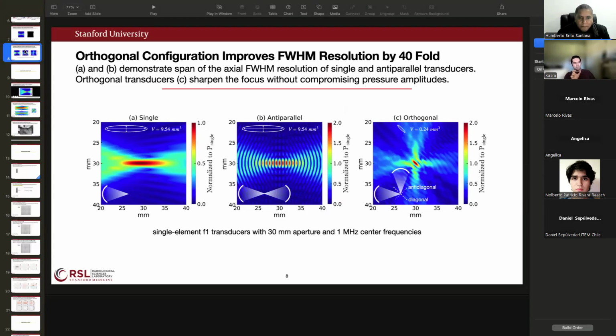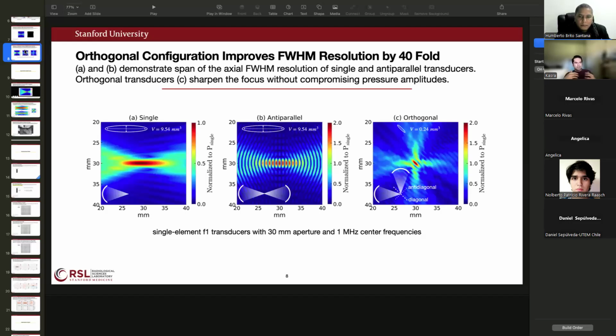Now, if I'm running my simulation at such a high frequency, let's say 1 megahertz, I have to also make sure my grid resolution for simulation is very fine. I want to pack, for example, at least 11 or 12 spatial points within each wavelength, so I get an accurate simulation.